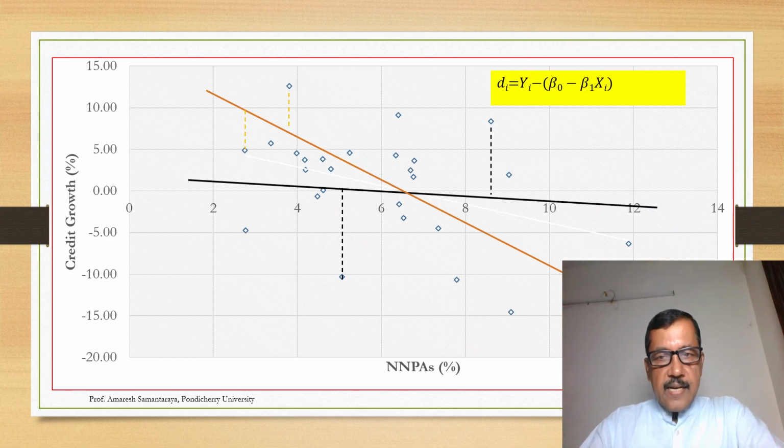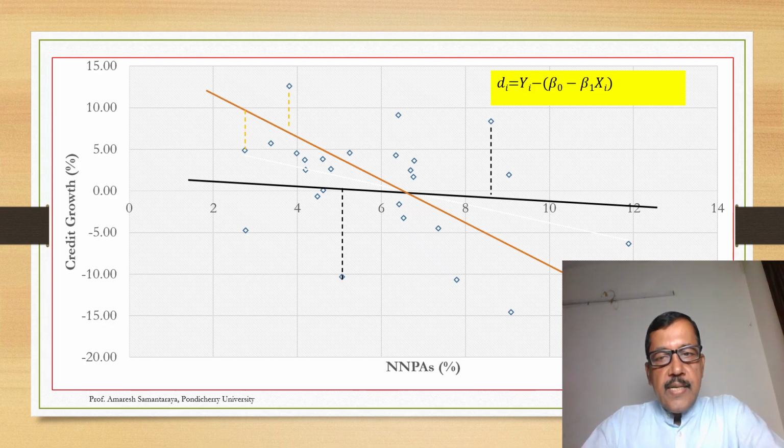So in this graph, assume we are thinking of two possible straight lines, like the orange line and the black line, which perhaps explain the relation between bank NPAs and credit growth. To develop an objective criterion, let us take the case of the black line.